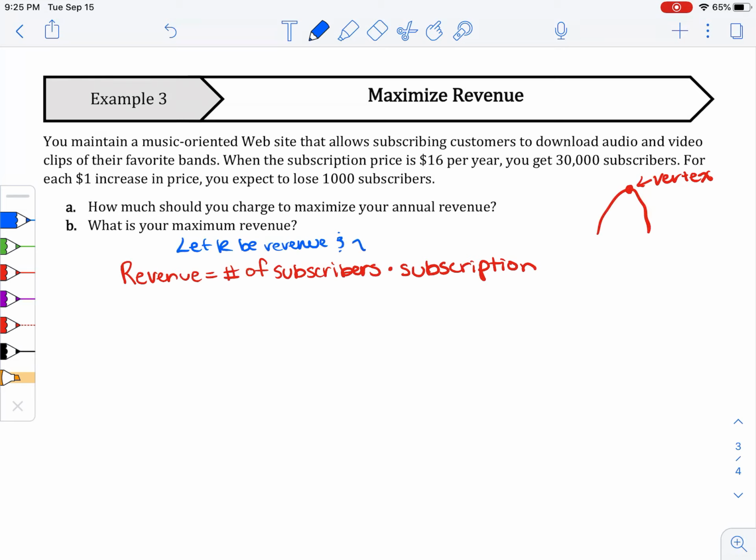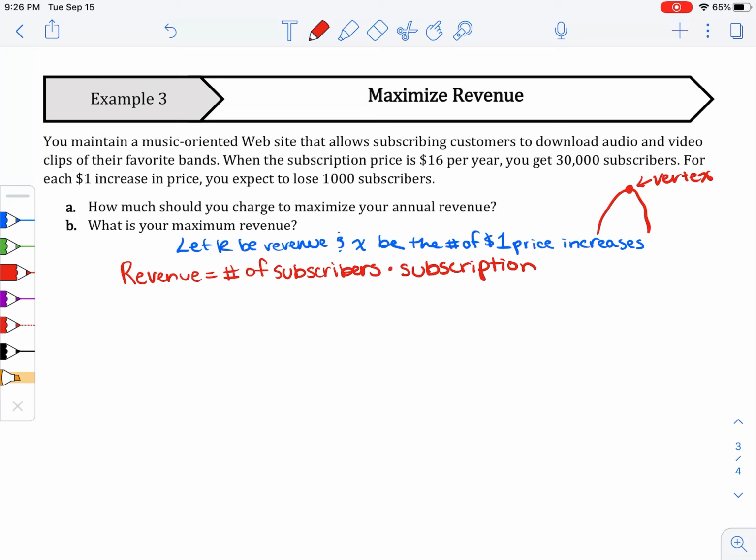And we're going to let x be the number of $1 price increases. That's a little confusing. So it's not the price increase itself, it's the number of them. And since it is $1 price increase, it sort of seems like that. But it's a little trickier to interpret.